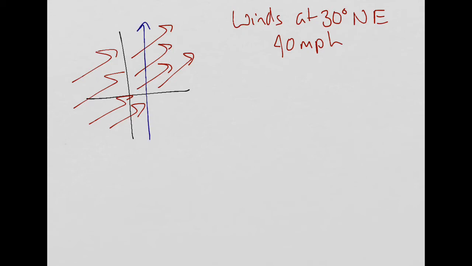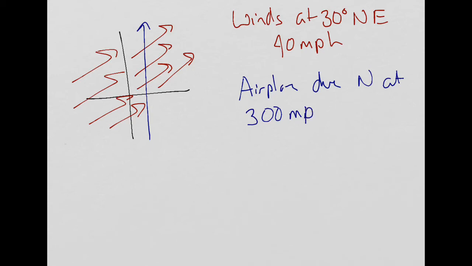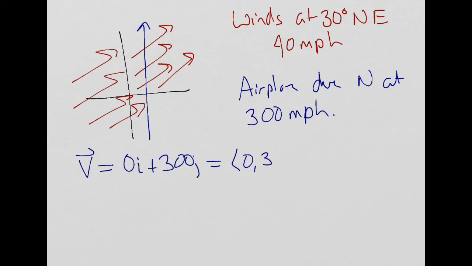I'm going to send an airplane due north at 300 miles per hour. Now the airplane is just going due north. So if I say that v is the vector for the airplane, it has no horizontal component, but 300 for its vertical component. So I could write it as 0i plus 300j, or <0, 300>.